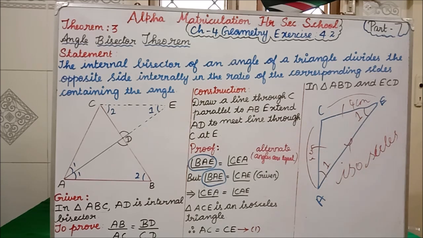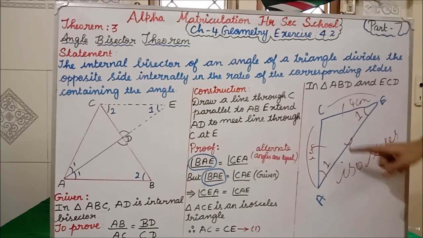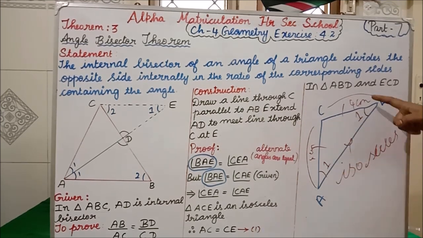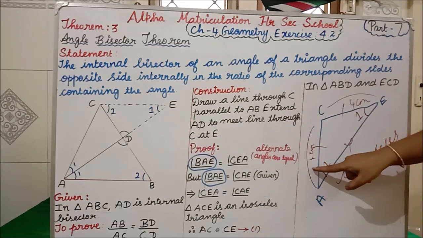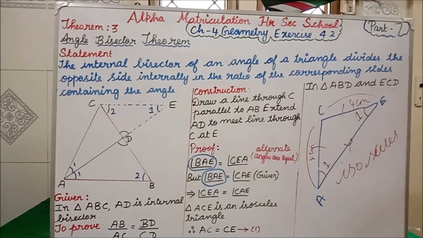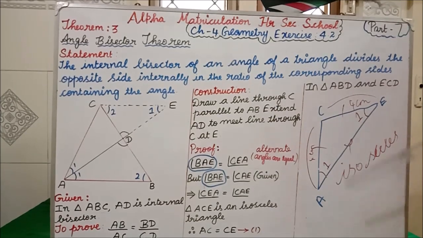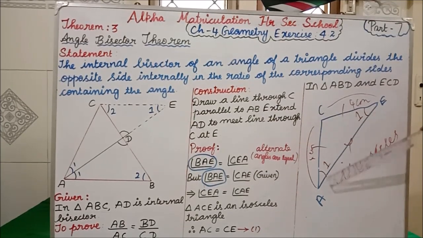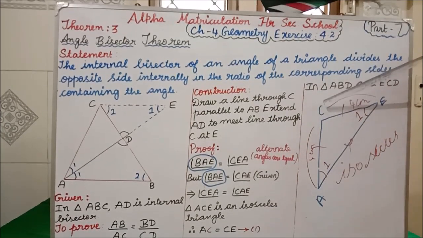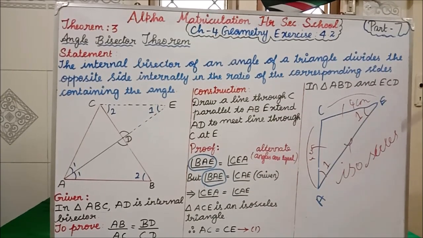We have learned in lower class, isn't it? The same we are using here. If the two angles are equal, then obviously the two sides are also equal. So we are writing therefore AC this side is equal to CE this side. Clear students? So mark that as equation 1.